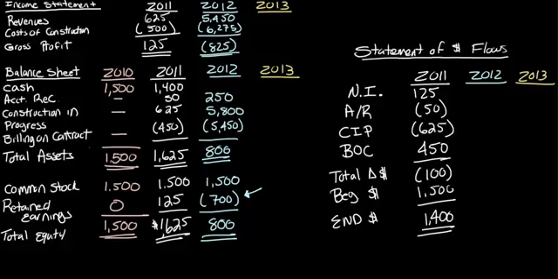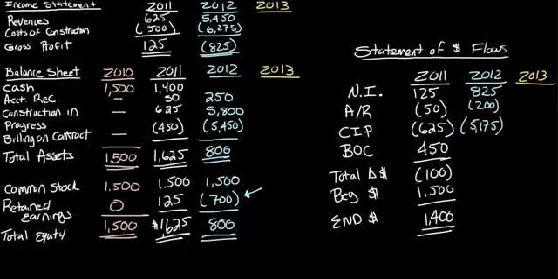So let's look at our statement of cash flows. Our net income was 825. Our change in accounts receivable went up again, so that's a negative 200. Our construction in progress went up from 625 to 5,800, so that's a negative 5,175.